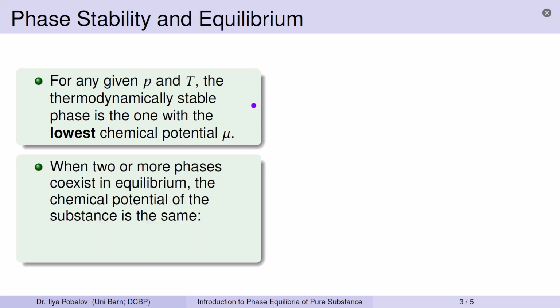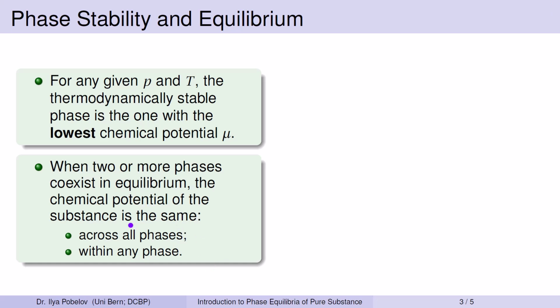It follows that when two or more phases coexist in equilibrium, the chemical potential of the substance is the same not only across all phases present in the system, but also within any particular phase.